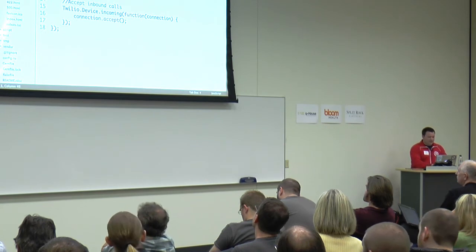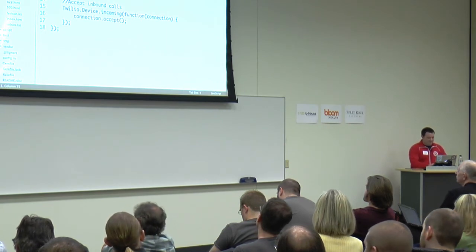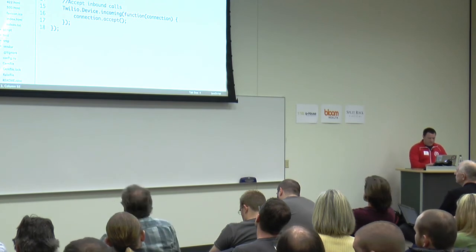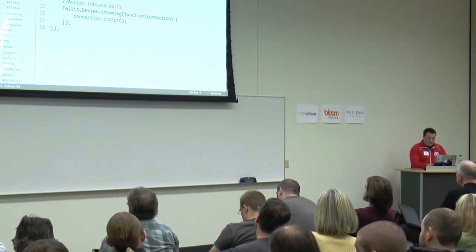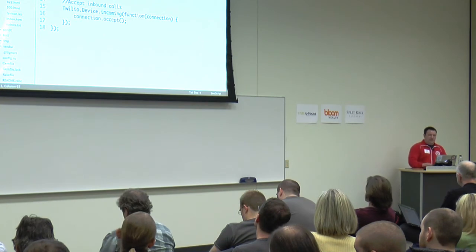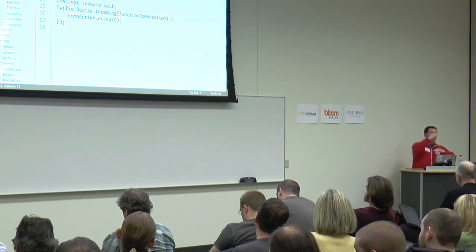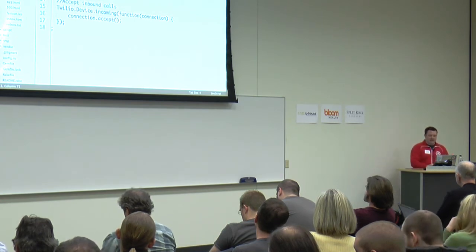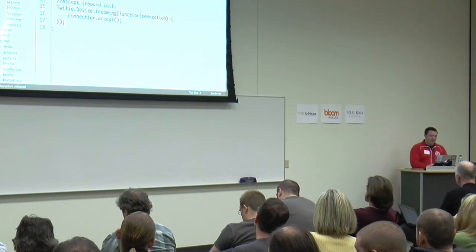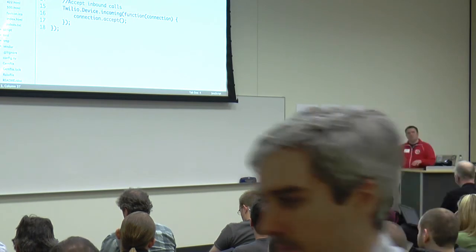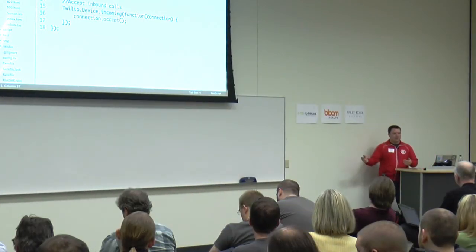So I can say document.getElementById and specify another DOM node somewhere in my document, and then those bindings will only apply within the context of that node. But in this case, for the app view model, I'm going to want to bind it to the entire document.